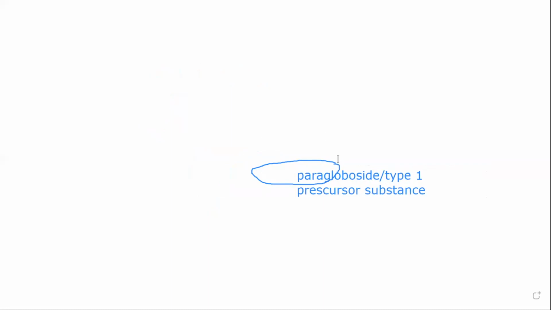So, okay, paano na-form ang ating H substance? We have here the inheritance of your SE gene.